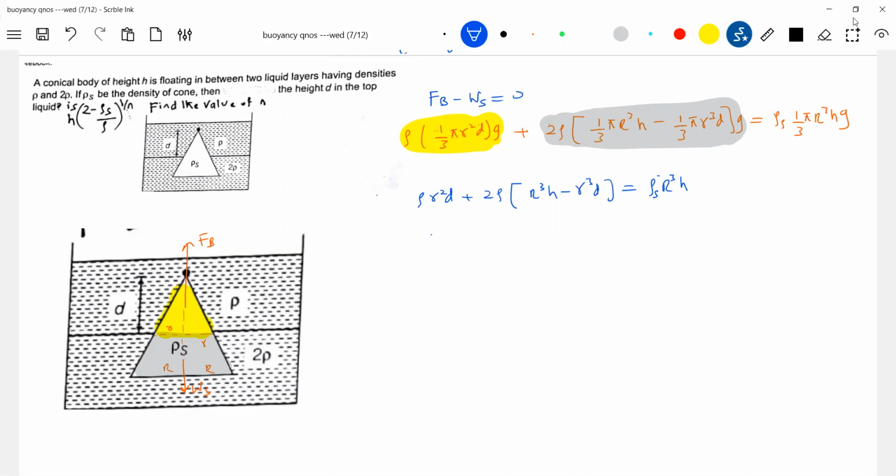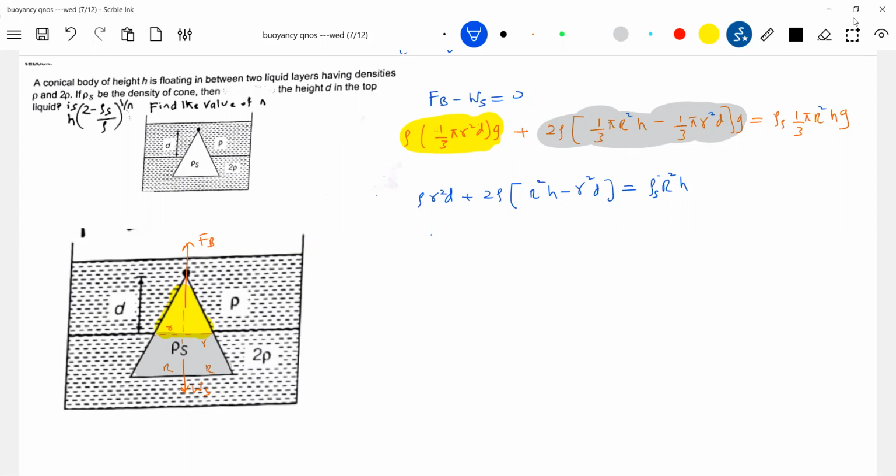Let's do the calculation. R square, this was r square, this r square.